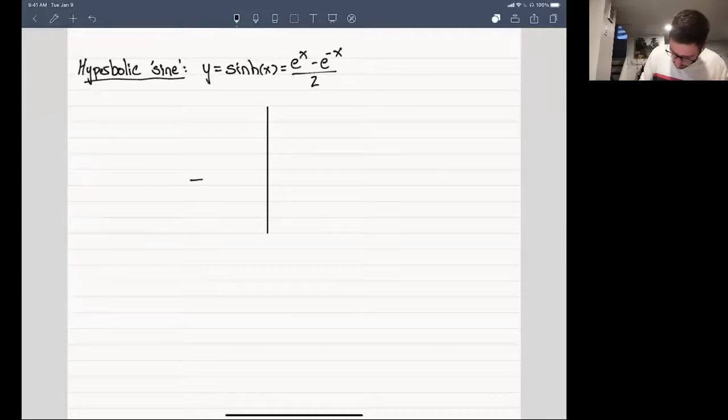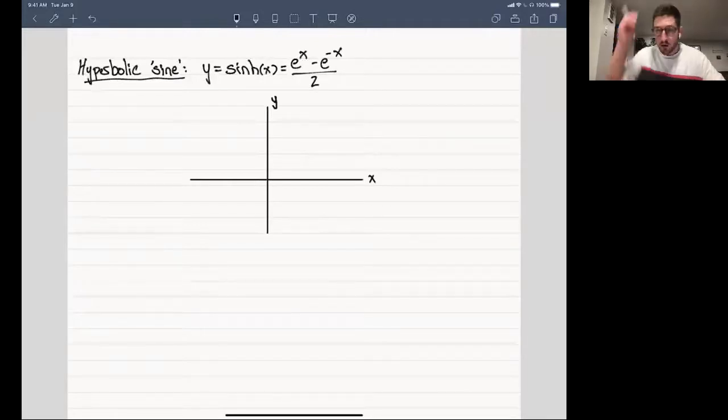Here we have the x-axis, the y-axis. In our case, you can see that sinh of 0 is equal to 0 because you get 1 minus 1 on the numerator of this function. And as x gets really large and positive, the e to the minus x term disappears. It goes to 0. And so you're really just left with e to the x over 2.